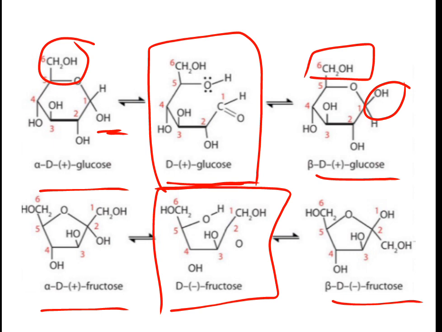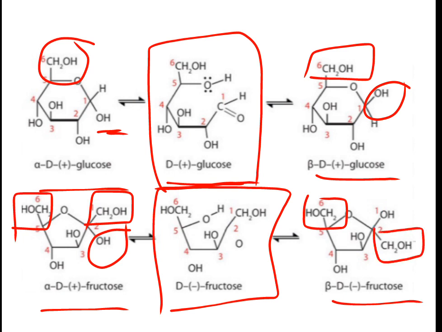Similarly, in case of fructose, in the beta D fructose the two CH2OH are in the trans position, that means on opposite faces. That's why this is the beta, and where the two CH2OH are in the same side, that one is the alpha.